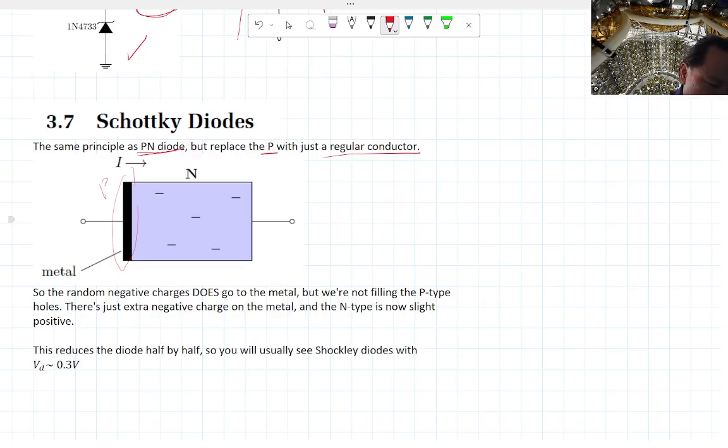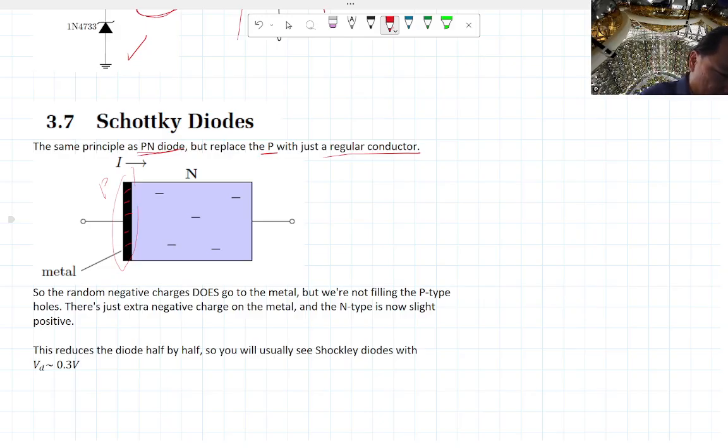The electrons that are free to move in your N-doped material will migrate towards the metal, but instead of filling holes in the P-type semiconductor, they just sit in the metal, moving around randomly. This is a thin sheet of metal, and therefore the negative charge stays around there, and this still produces an electric field.